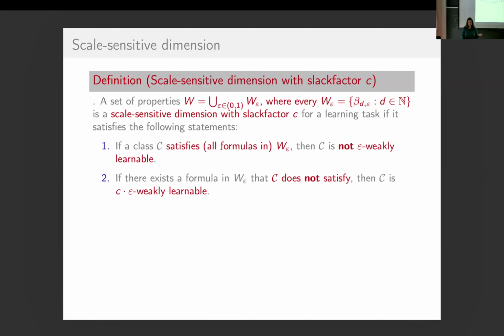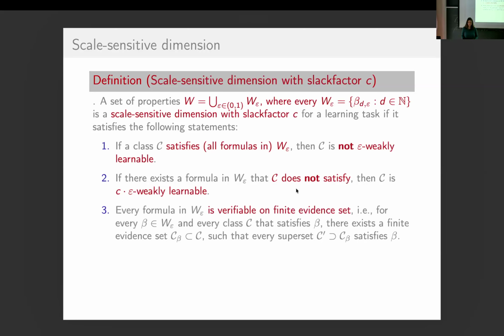So we say if a class satisfies all the formulas, it's not epsilon weakly learnable. And if there exists a formula that a class does not satisfy, then it is at least C times epsilon learnable. So there's this factor C. A good characterization would have a small factor, but sometimes there is maybe a gap of knowledge which we allow for.